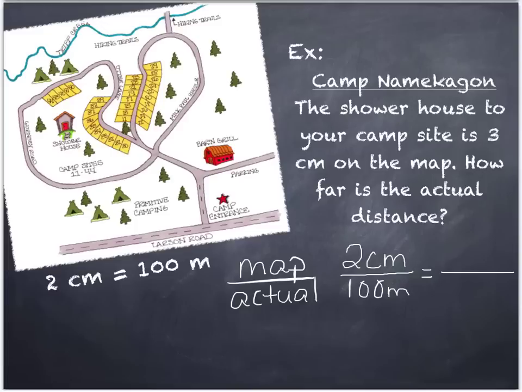Now we look at our problem. It says the shower house to your campsite is 3 centimeters on the map, and we need to find the actual distance. So we have the map distance, 3 centimeters, and we're looking for the actual.